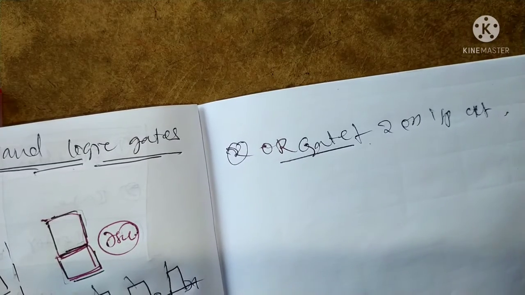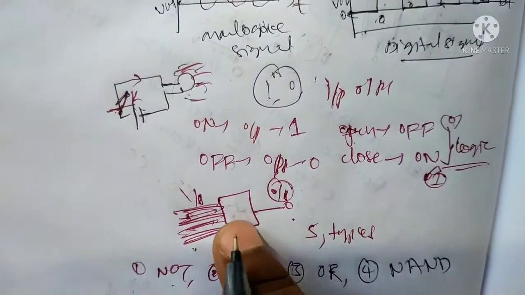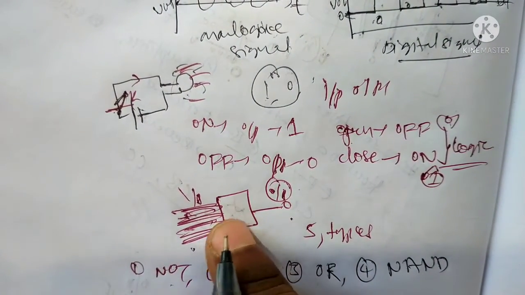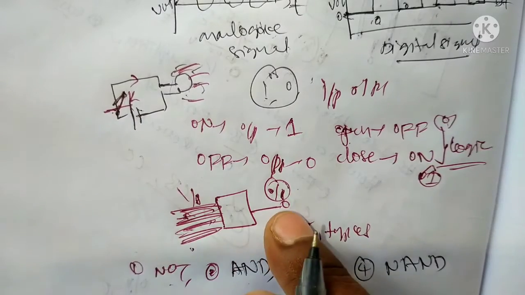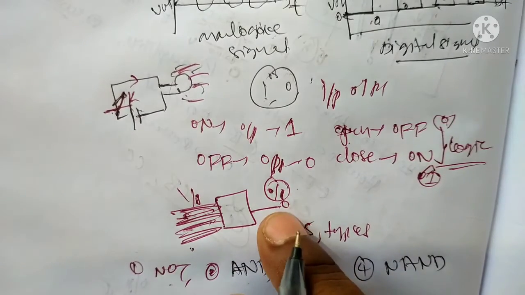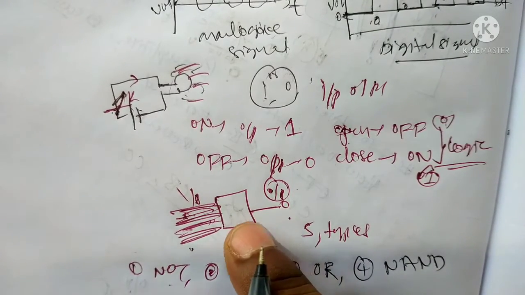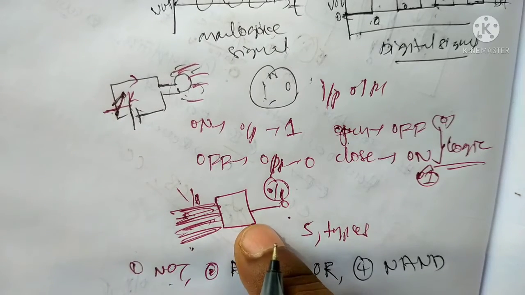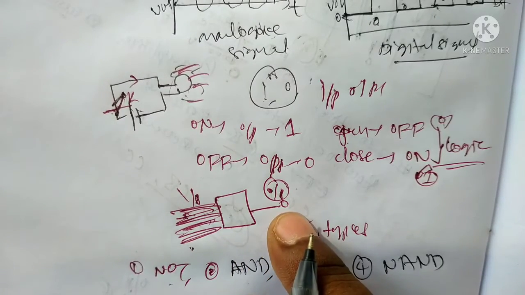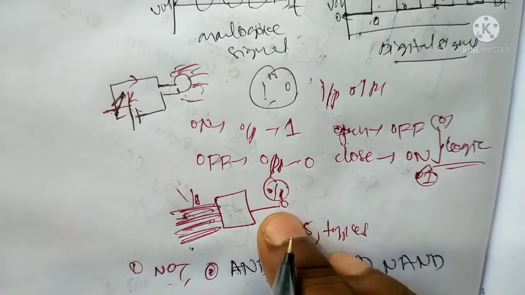In the case of a logic gate, there are a number of inputs, and the signal is transmitted through the circuit of digital logic gates to get only one output, that is the resultant.